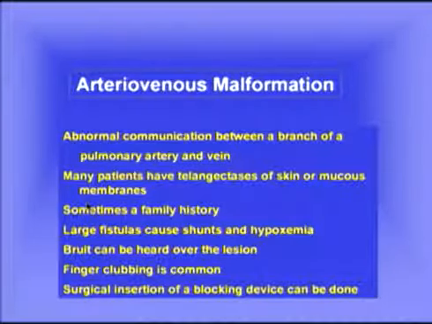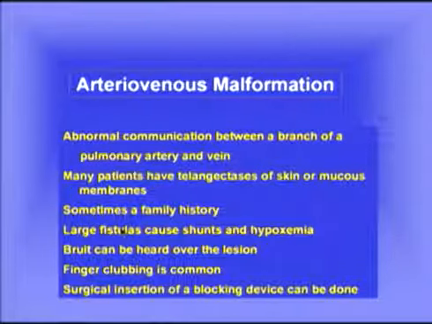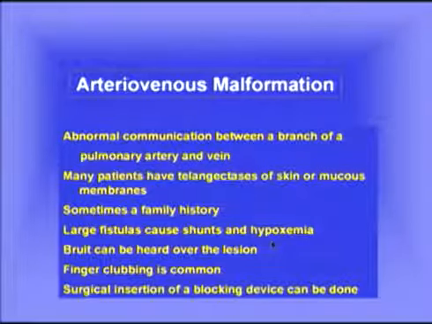Sometimes there's a family history of this condition. If you've got a large communication, of course you've got a substantial amount of pulmonary arterial blood, mixed venous blood, joining the pulmonary venous blood. That's a shunt, and that can cause hypoxemia. It's one of the classical causes of hypoxemia caused by shunt.